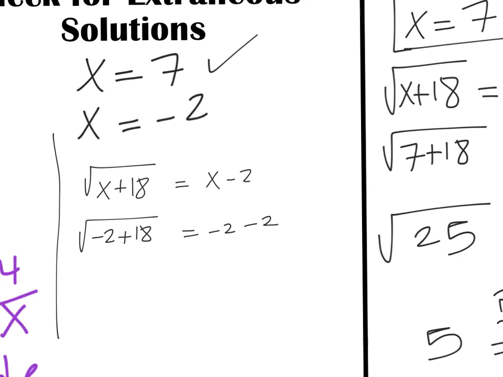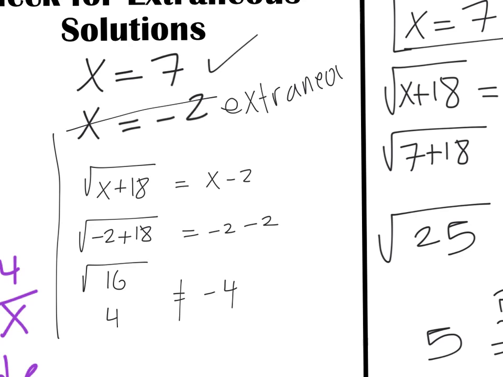Now you can put square root of negative 2 plus 18 in the calculator, or you can just solve it by hand. Negative 2 plus 18 is 16. Square root of 16 is 4. And negative 2 minus 2 is negative 4. Now 4 and negative 4 are not equal to each other, so x equals negative 2 is not an acceptable solution. We call it an extraneous solution.